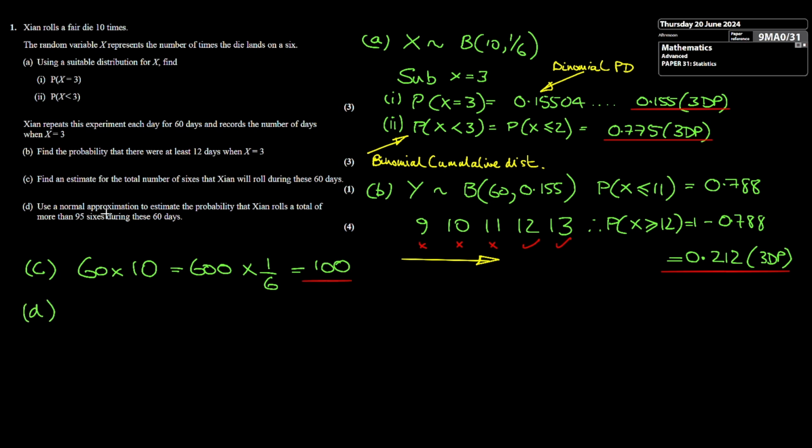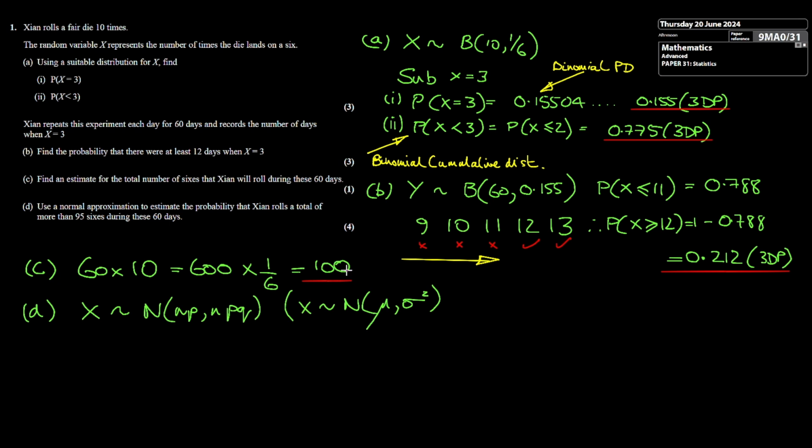In part D, we've been asked to use the normal approximation to estimate the probability that Zian rolls a total of more than 95 sixes in these 60 days. Well, let's write down the normal approximation first. And here it is. Here it is expressed in binomial variables, and here it is expressed normally. Now, in part C, we've effectively worked out the mean.